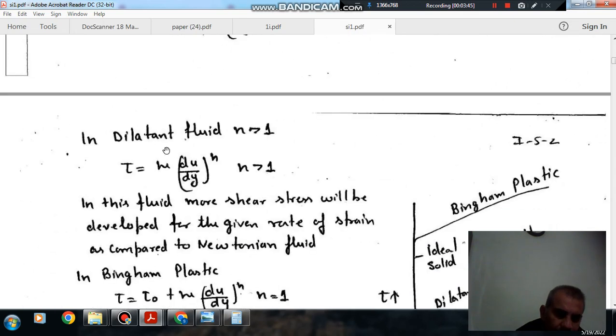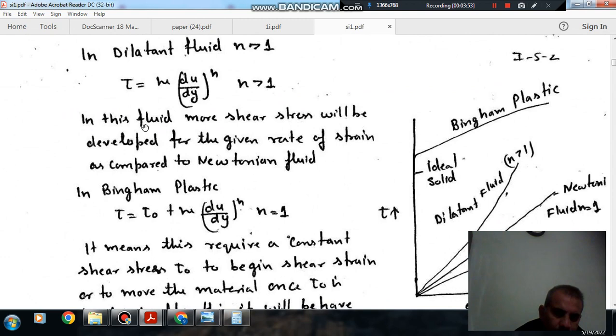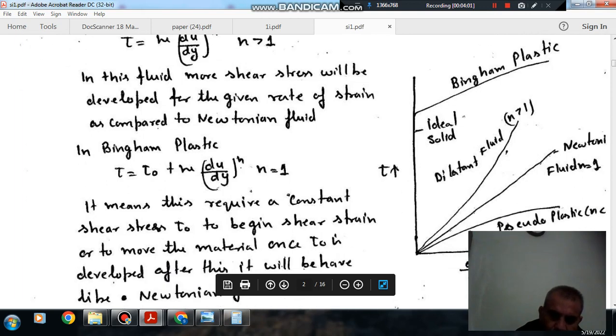In dilatant fluid, n is greater than 1. So in this fluid, more shear stress is required for the same change in velocity with respect to y, more than usual. So more shear stress will be in dilatant, less shear stress in pseudoplastic.